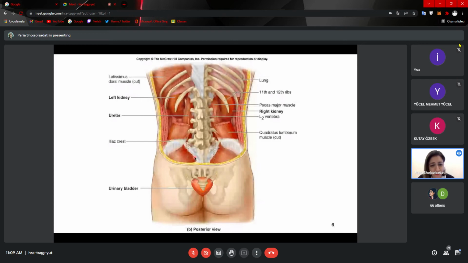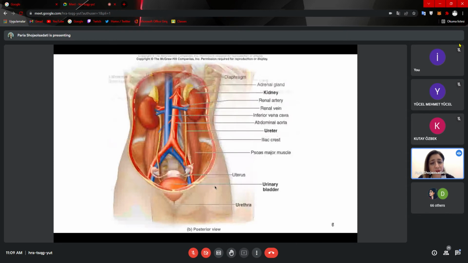You can see the location of the urinary bladder inside the minor pelvis. You can see the same structure in anterior view. This is after dissection of the different organs inside the abdomen.